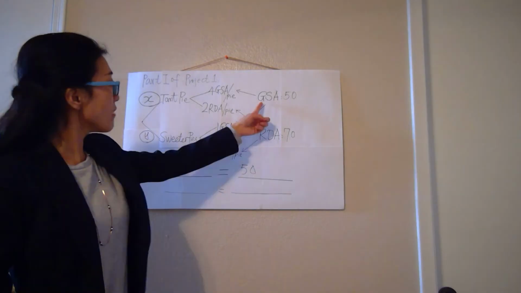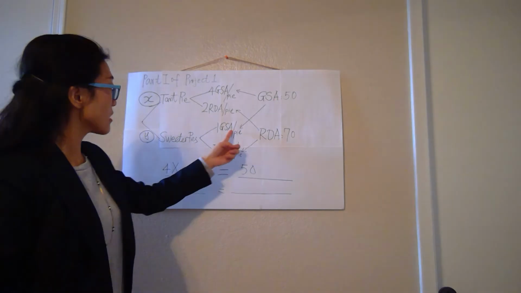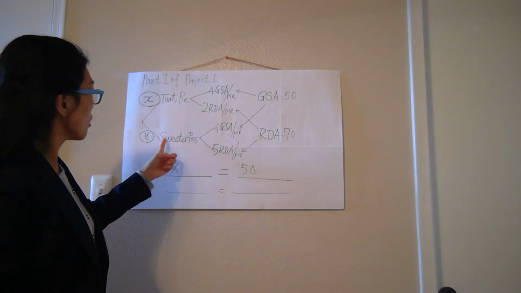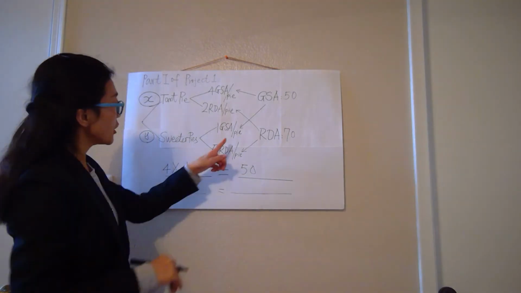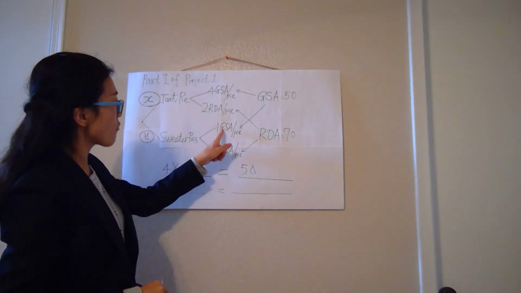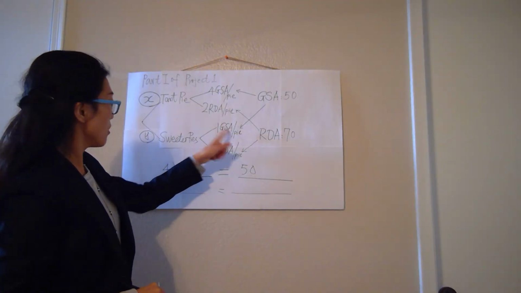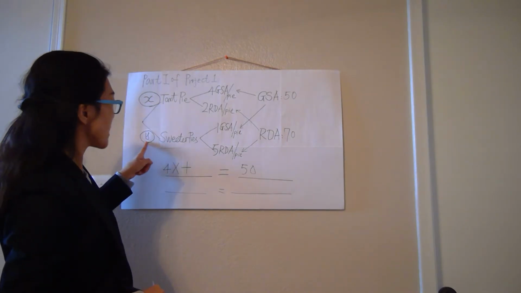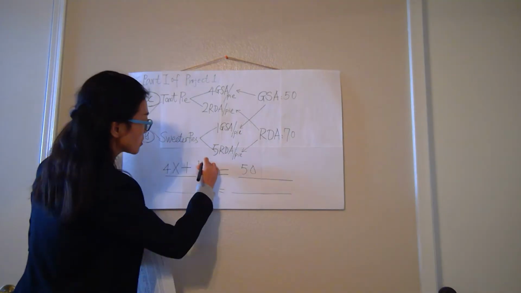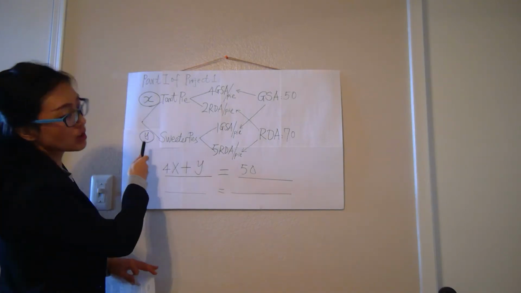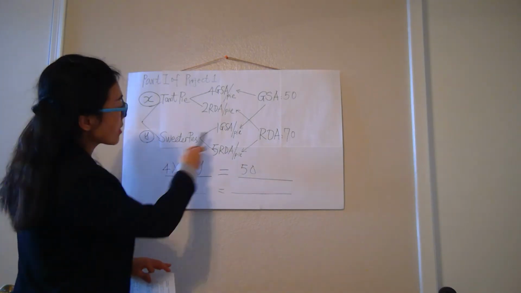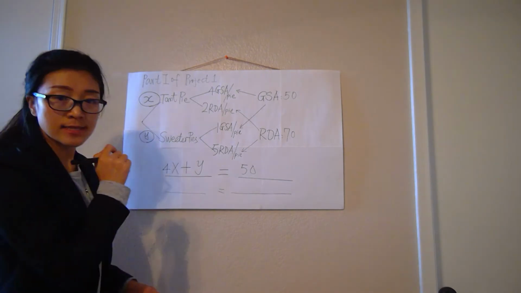The rest go to sweeter pies. Each sweeter pie takes 1 Granny Smith apple, so Y sweeter pies take Y apples. Does that make sense?